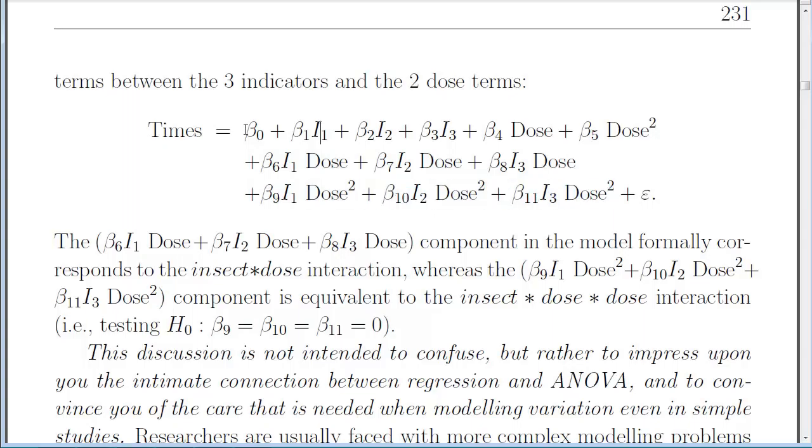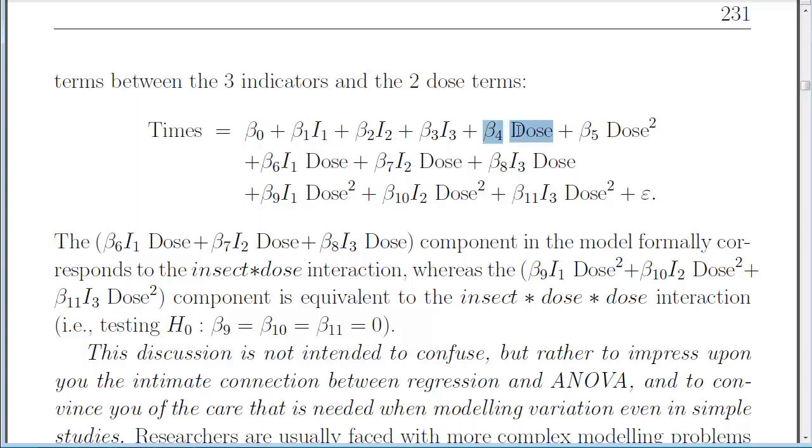In particular, the baseline group is beta naught plus beta 4 dose plus beta 5 dose squared. That's the intercept, the linear term, and the quadratic term. Let's look at insecticide B, say maybe this I1. Okay, this indicator variable for the second insecticide. So that means if you add these two numbers together, you'll get the intercept.